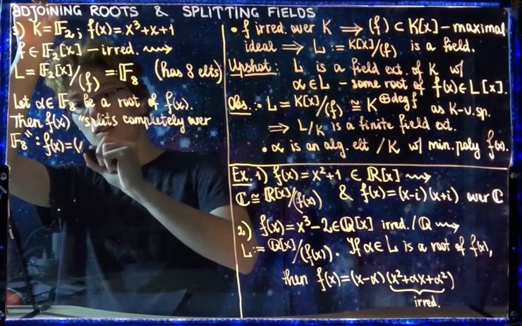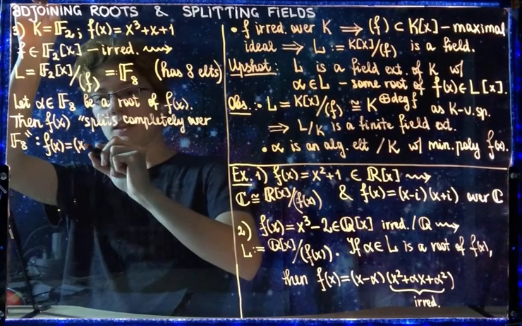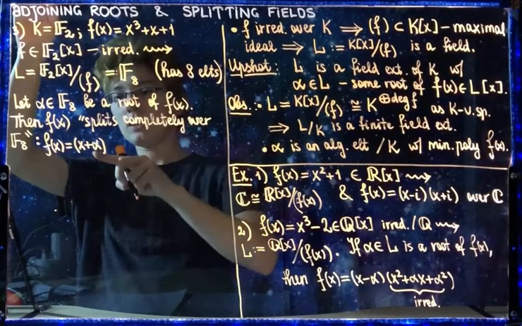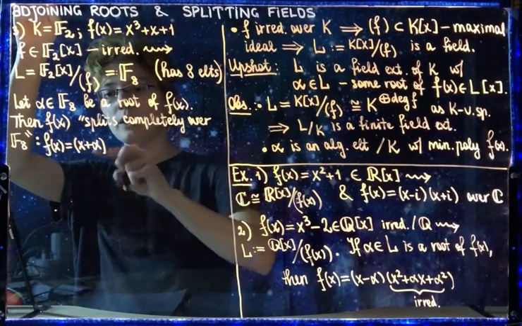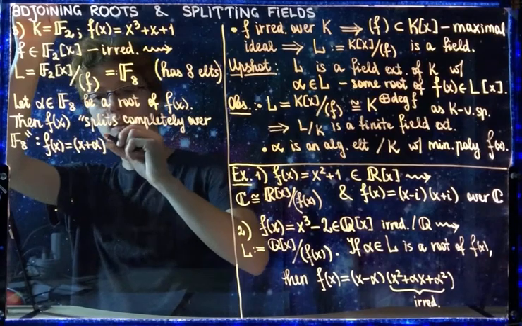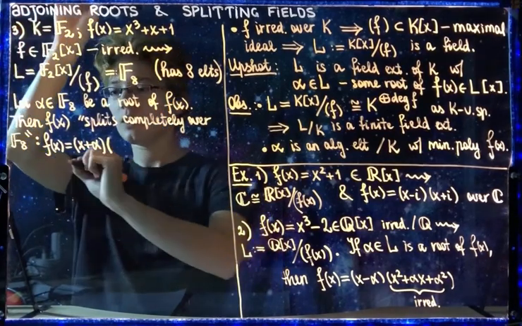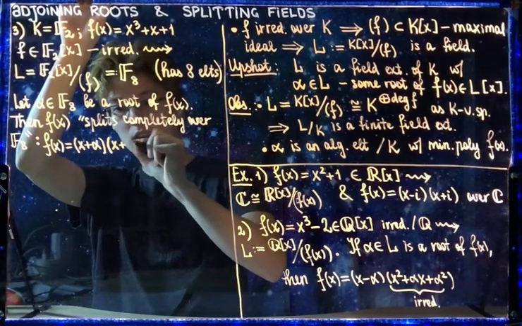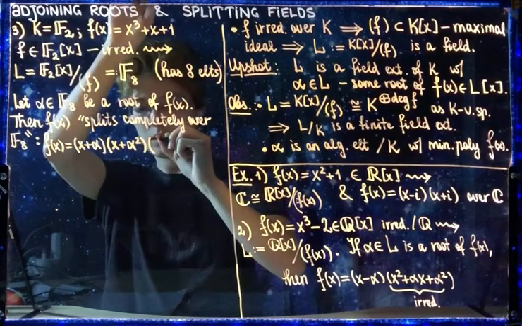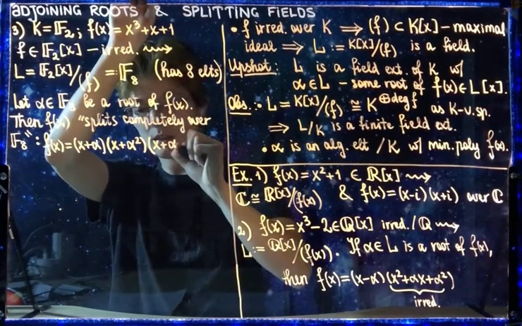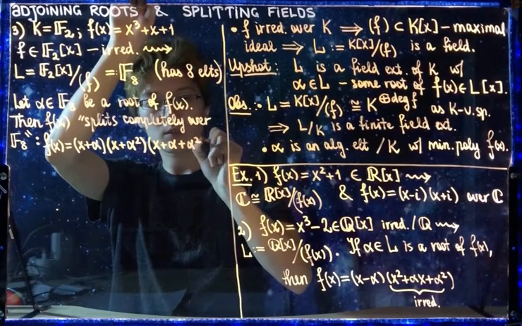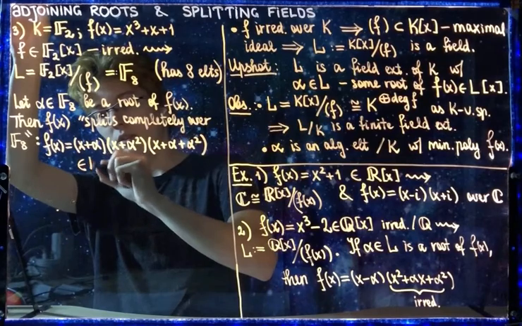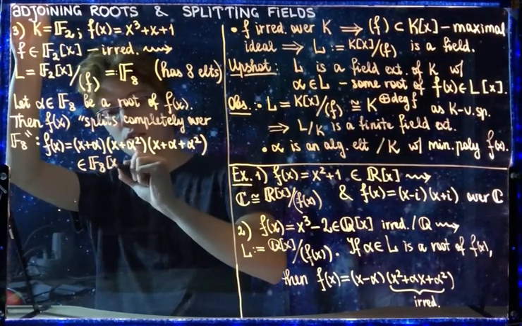So f of x is equal to x plus alpha. So I usually write x minus alpha, but over F2, plus 1 is equal to minus 1. So I can just write all pluses and not care about signs. So f of x is equal to x plus alpha times x plus alpha squared times x plus alpha to the fourth, as an element of F8 adjoin x.